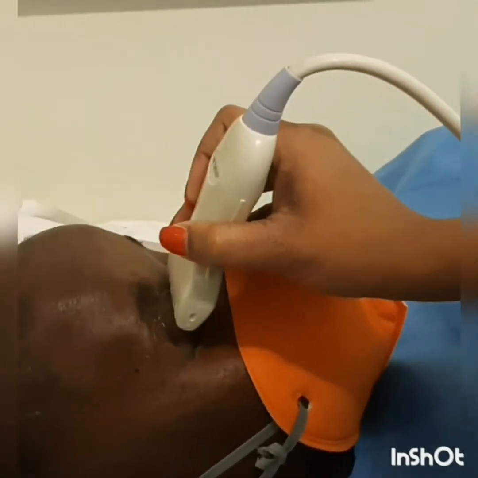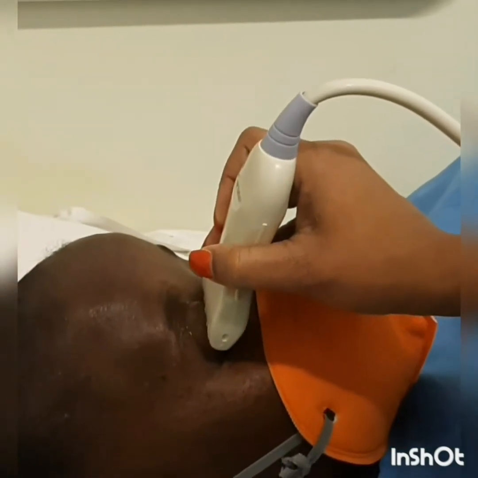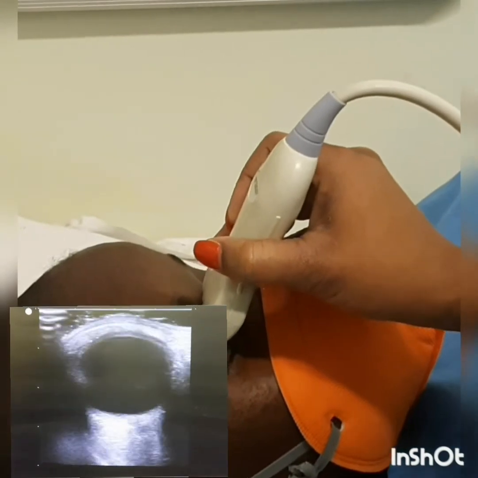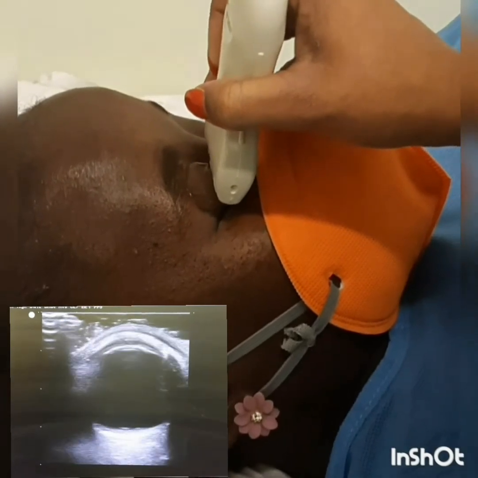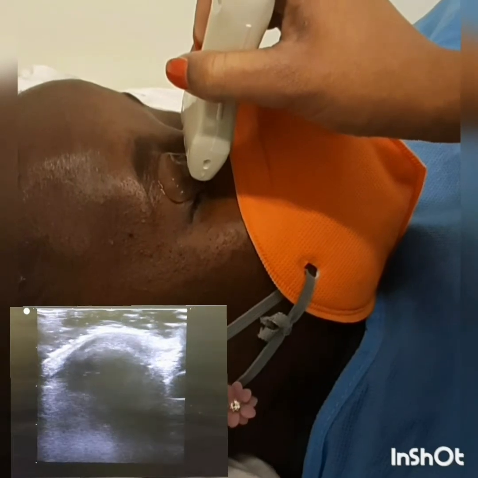Then you put the probe on, and you angle up, and then you angle down to scan the entire globe of the eye in transverse position.